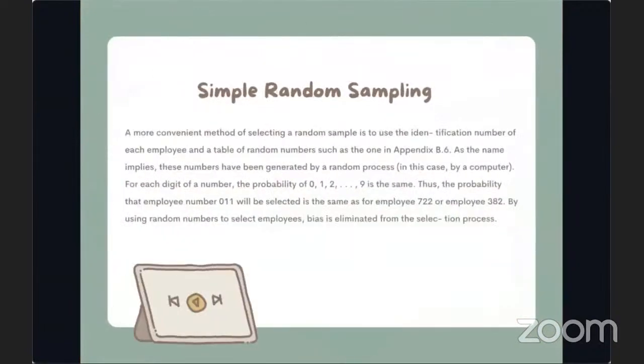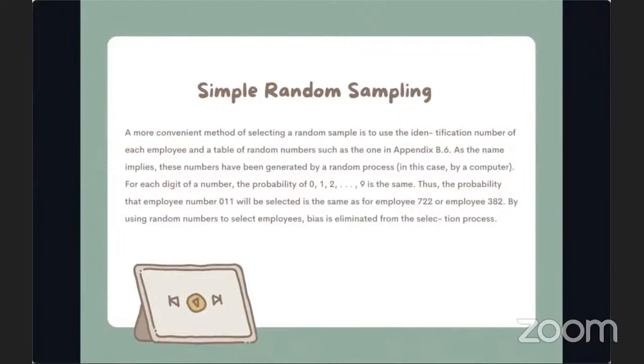Simple random sampling. A more convenient method of selecting a random sample is to use the identification number of each employee and a table of random numbers, such as the one in Appendix B.1. As the name implies, these numbers have been generated by a random process, in this case by a computer.